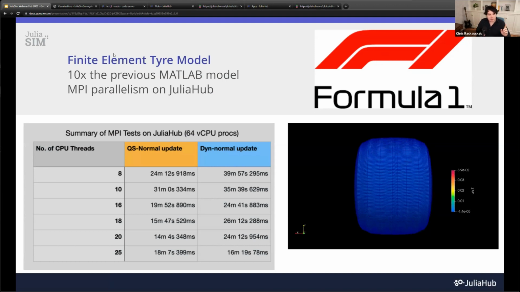And so, very close to answering that other question too. A lot of what we've done with Julia and SciML and our simulation stack has been focused on performance, right? We very recently demonstrated with a Formula One team that we can get about 10 times performance directly on a finite element model.